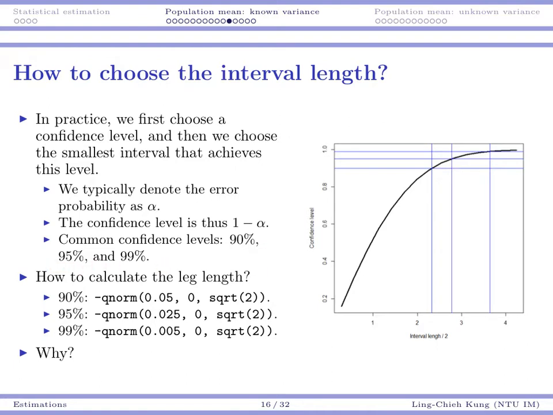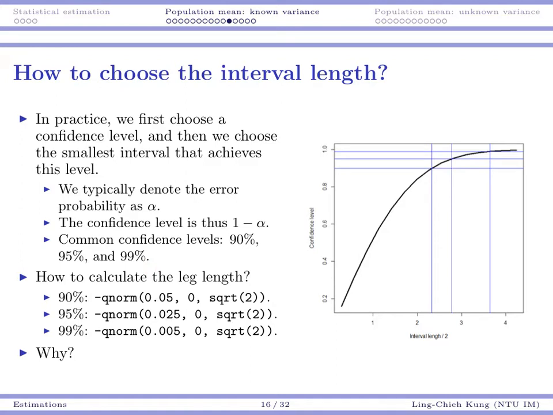Choosing either confidence level is fine. I mean, it's common in practice. When people do statistical studies, these 3 numbers are the most popular. If we want to decide which number to choose, obviously it depends on how accurate we need. If we need to be very accurate, if we need to be conservative, then we choose 99%. We know the confidence interval is going to be larger.